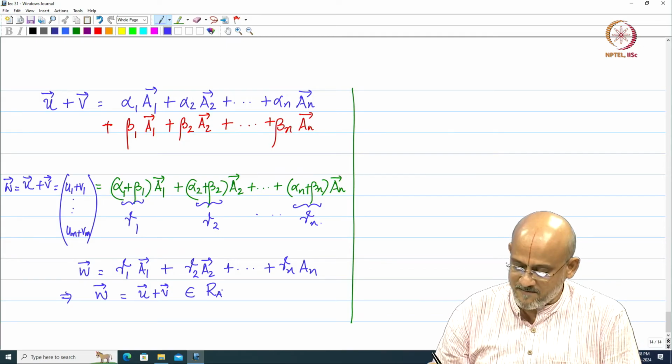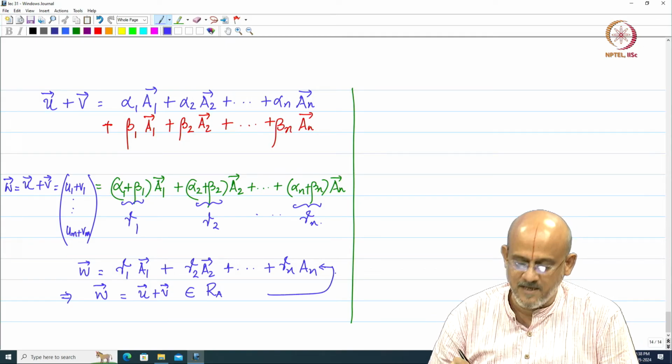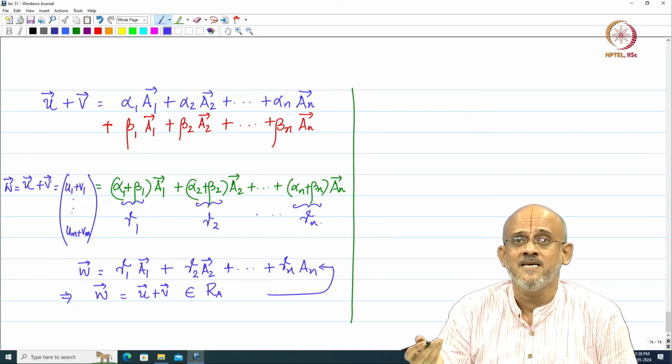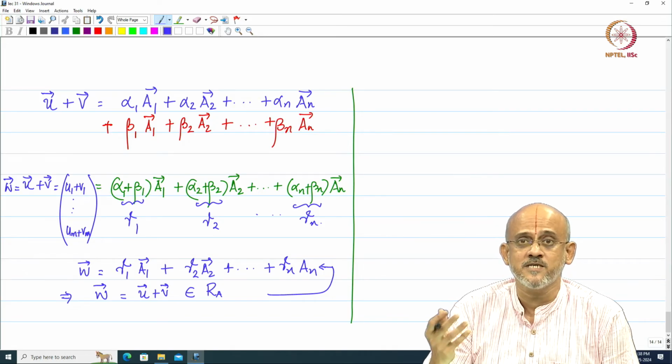Because w can be expressed as a linear combination of this. That means the set R A is closed under vector addition.